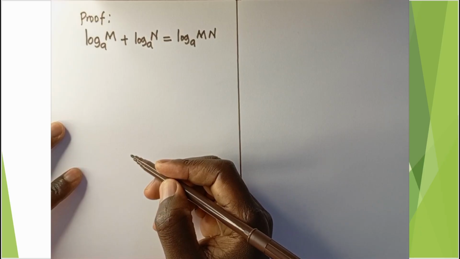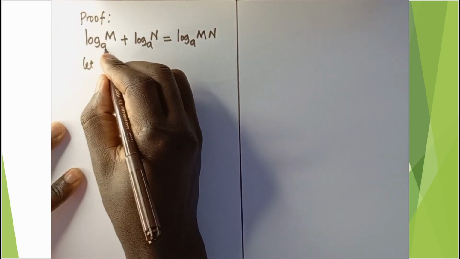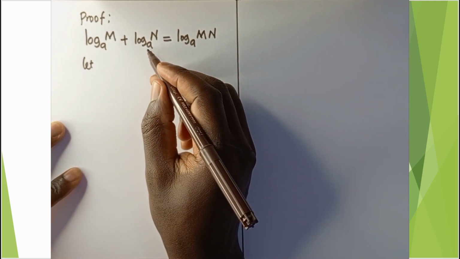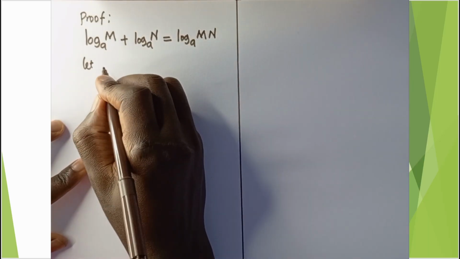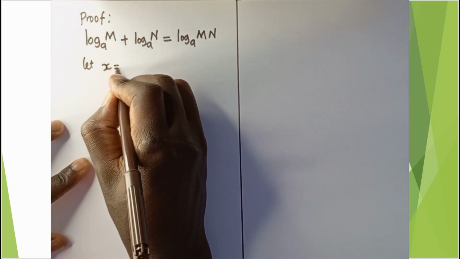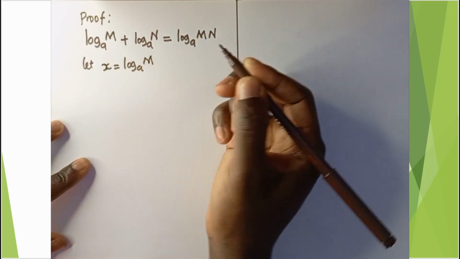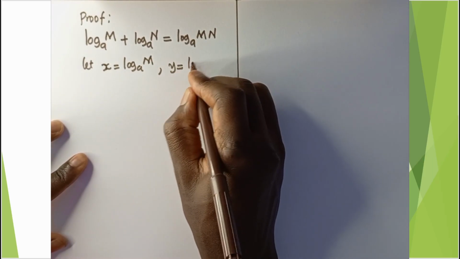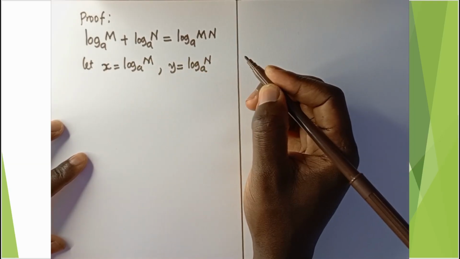We begin by letting log base a of m be something, and log base a of n be something. So we let x equal log base a of m, and y equal log base a of n.